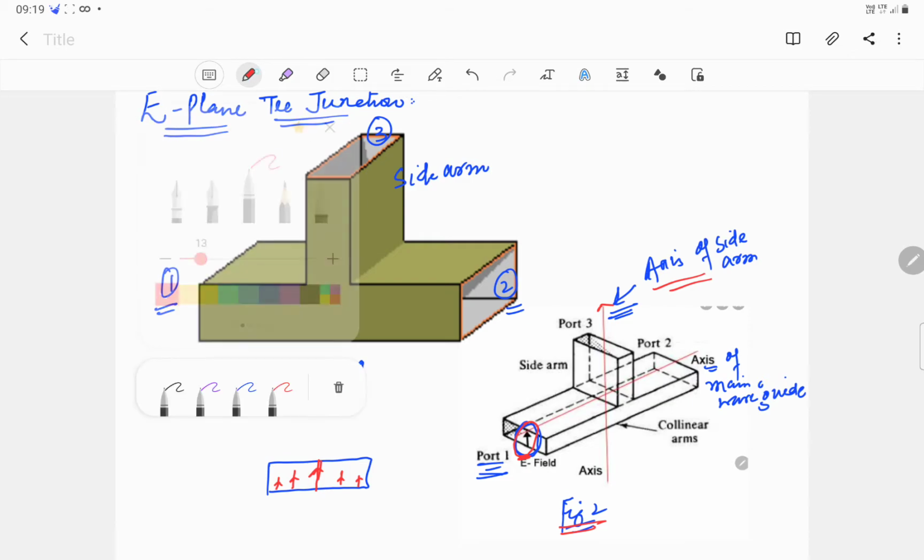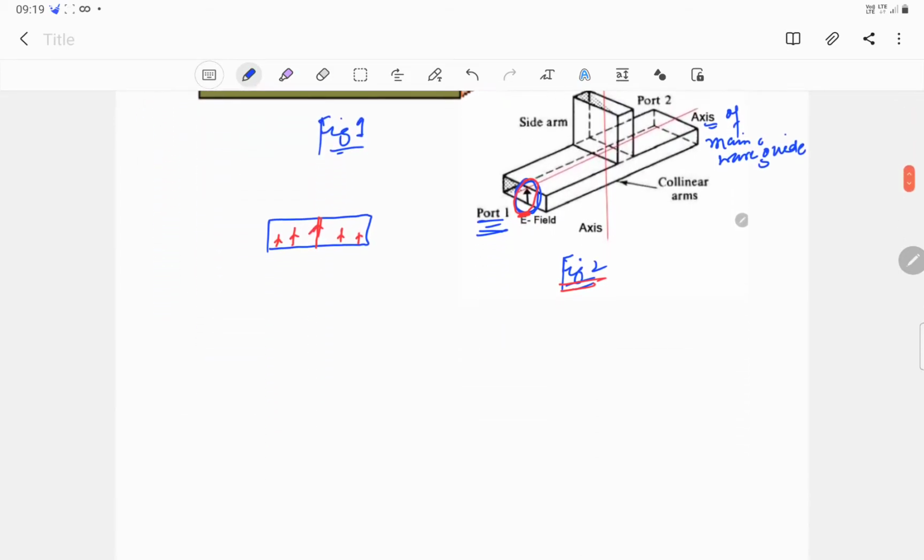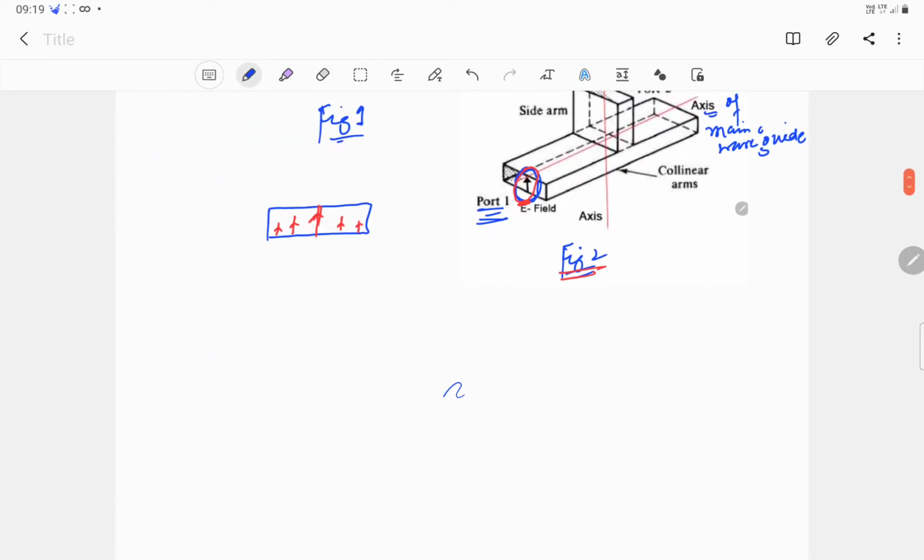Now let's see how it is formed. Let's assume we have a waveguide, this being our rectangular waveguide.